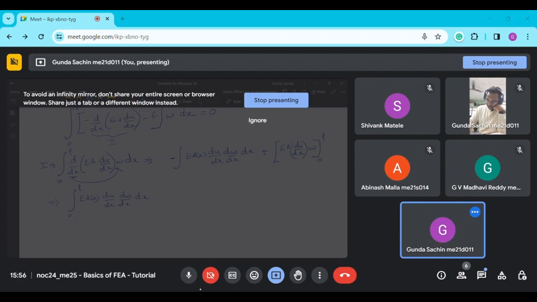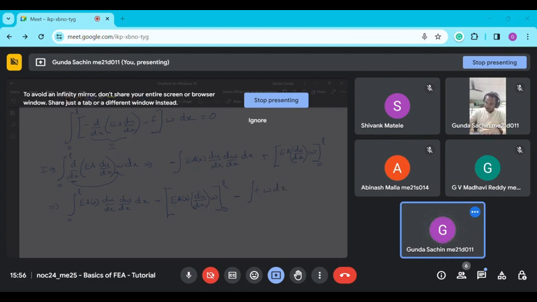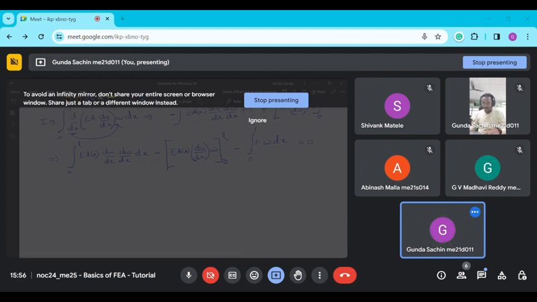This will be the first term, and the second term is minus EA of x du by dx w from 0 to L, and then the final term minus f times w dx is equals to 0. So this is your weak form.